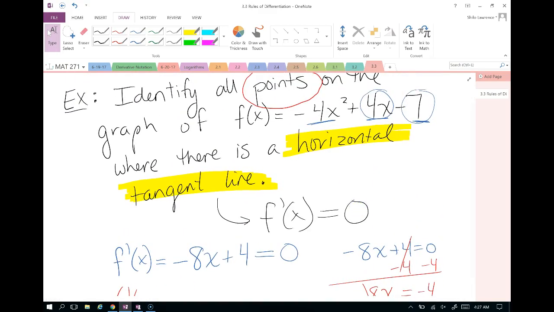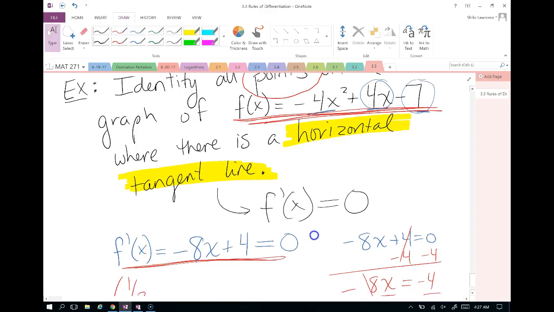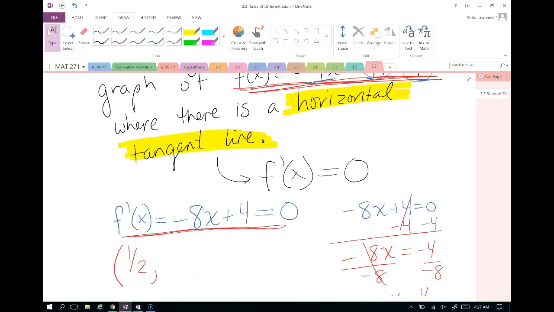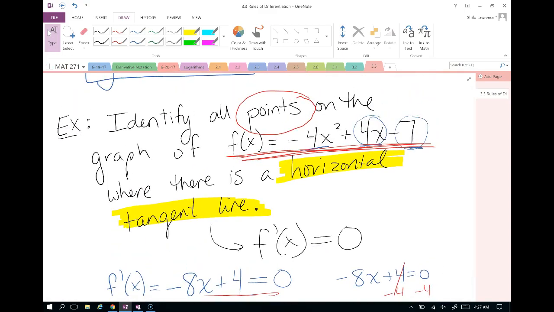I know my answer is going to start off as 1/2 comma something. I've got 2 equations here. I've got the original function and I have the derivative. So remember, the derivative gives you slopes. I don't want to put the slope in there as my y coordinate. The original function tells you points on the graph.